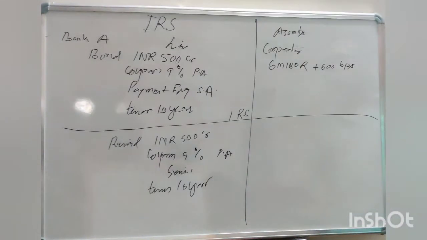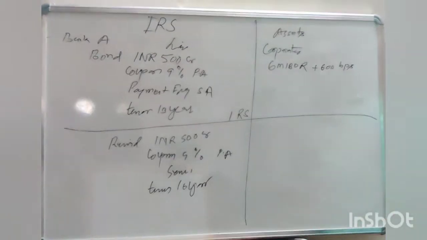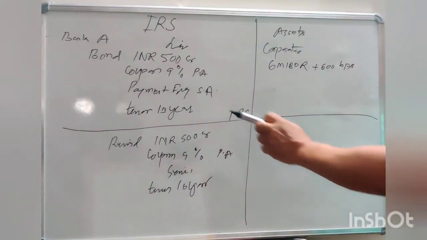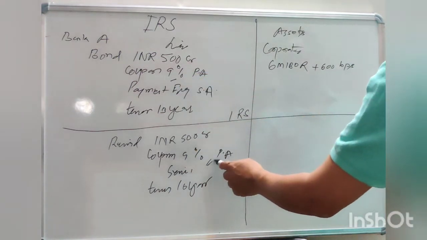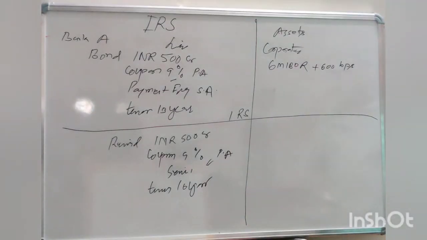So this way their fixed liability is totally hedged. Whatever they have to pay to their bondholder, they will receive from the swap counterparty.